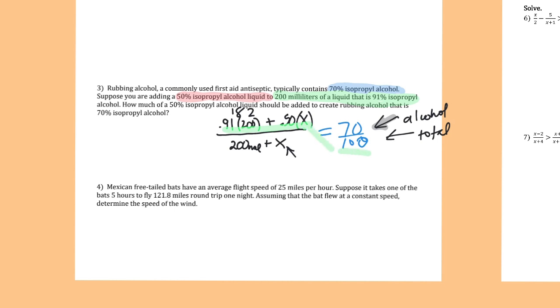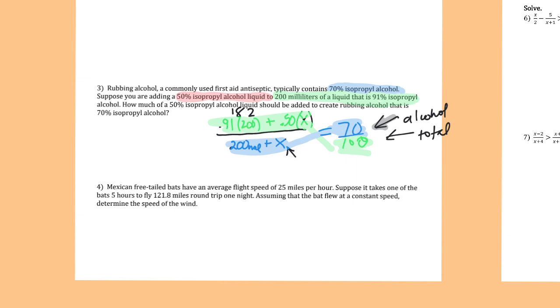We're going to find that cross product and set it equal to the cross product of this 70 times this denominator right here. So we're going to take 70 times that, equaling the product of these two together, times 100. So find the cross product of each.